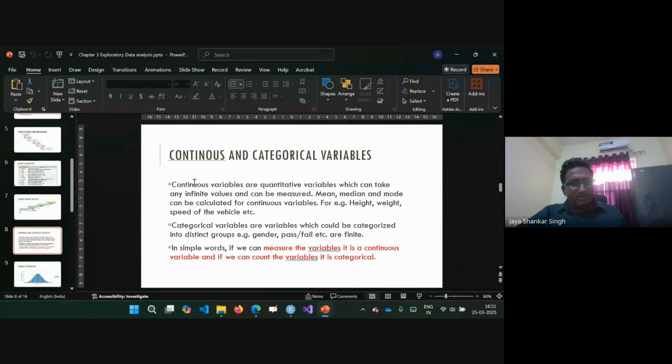If it is integer, it is not continuous. Suppose I cannot say I own 1.5 car. There is no meaning of that because the number of cars you have is categorical or non-continuous.